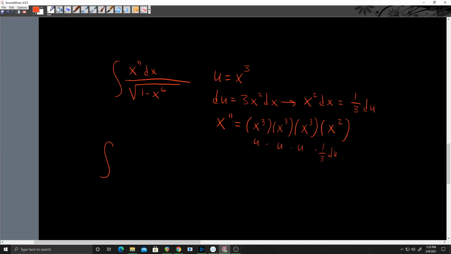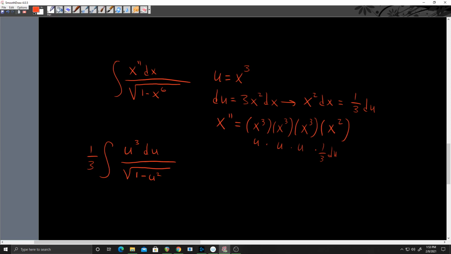So we're going to wind up with u cubed, 1/3 out here, and then a du, over the square root of 1 minus u squared. And there we go. So this doesn't work. We don't have a rule for how to integrate this. We set it up, and it just didn't work out.